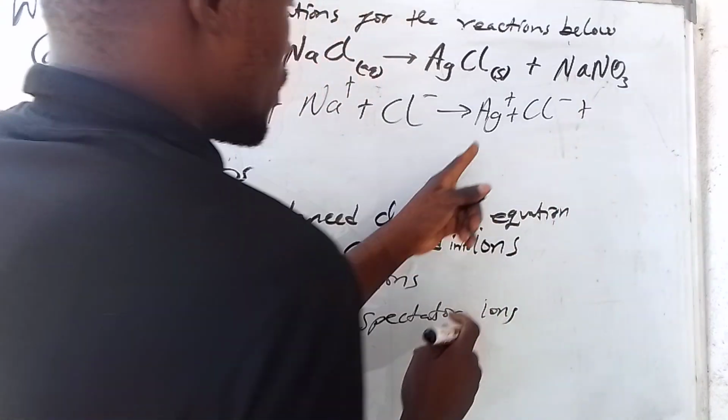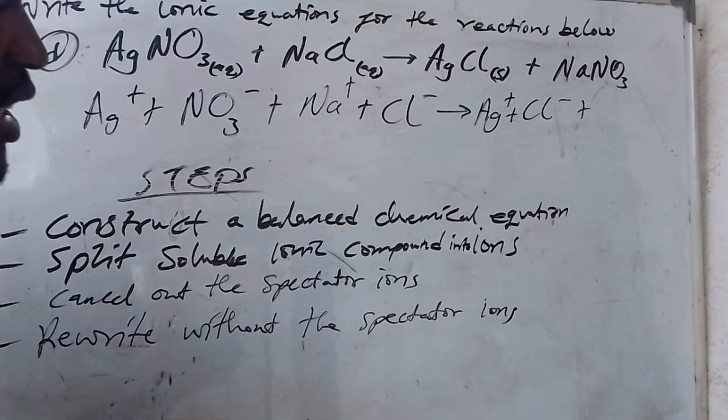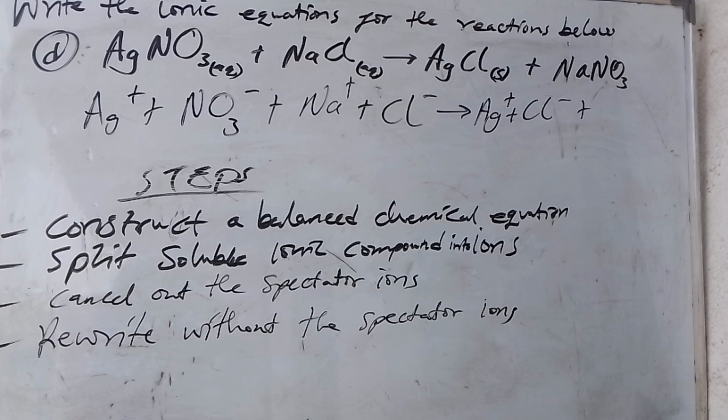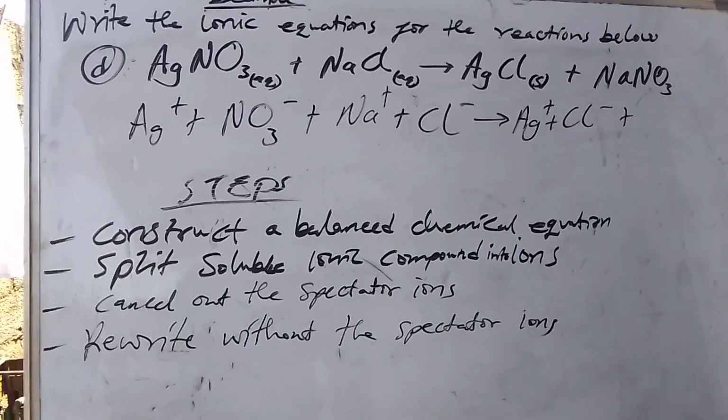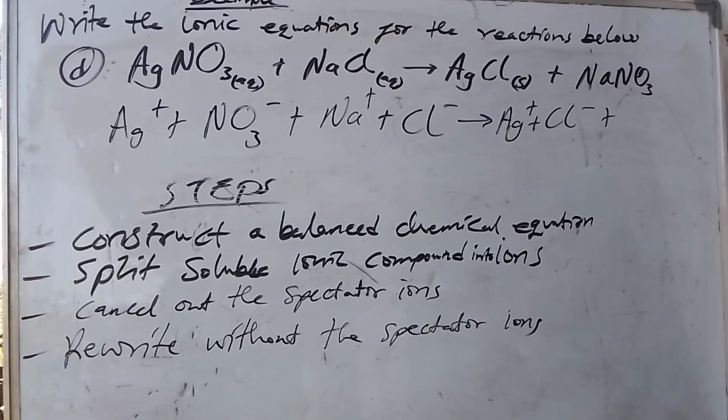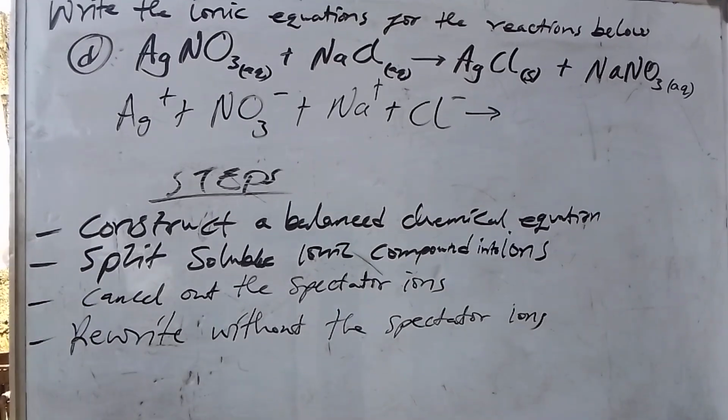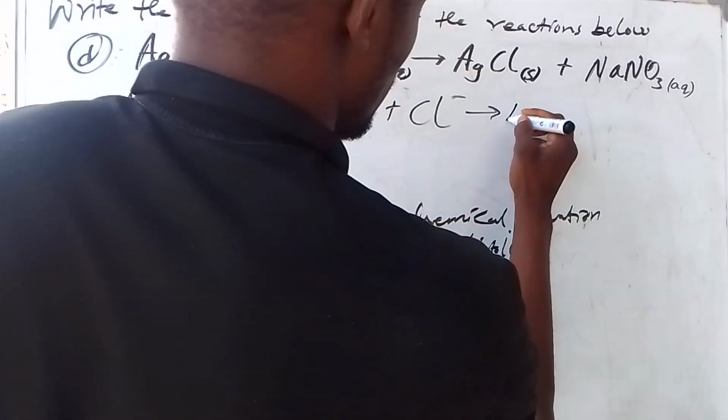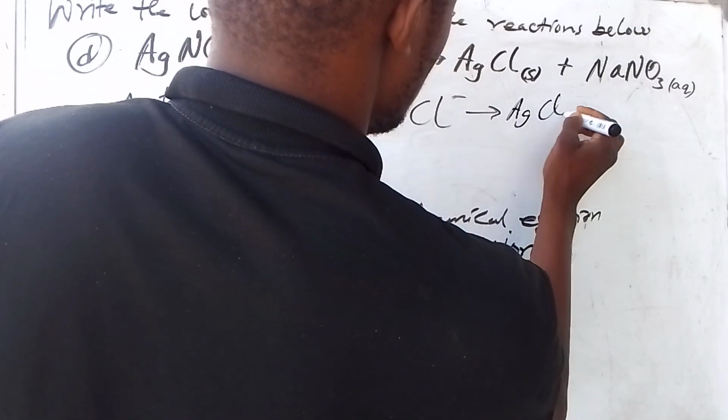Oh, this one is in solid, so we don't need to split it because it is a solid substance. Therefore, we'll just write it the way it is. So this is silver chloride, which is as a solid.